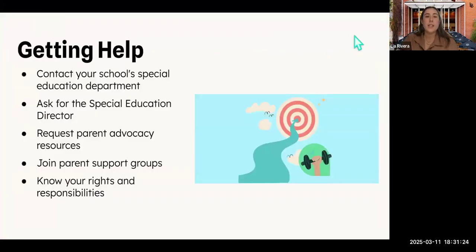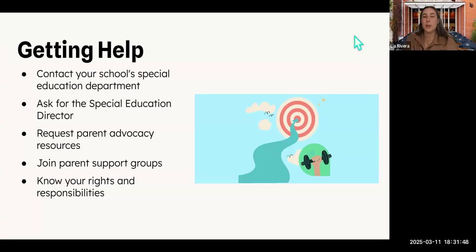Another thing we would like to highlight is how important it is to get help in general. There are many people who are always willing to assist in your student's educational journey. You could always ask for the special education director or the school's special education department as well. There are always a bunch of parent advocacy resources.